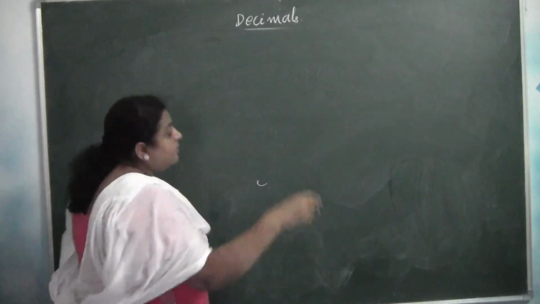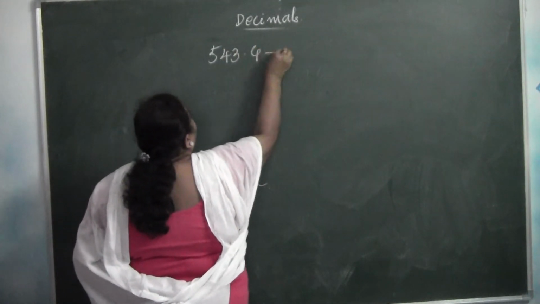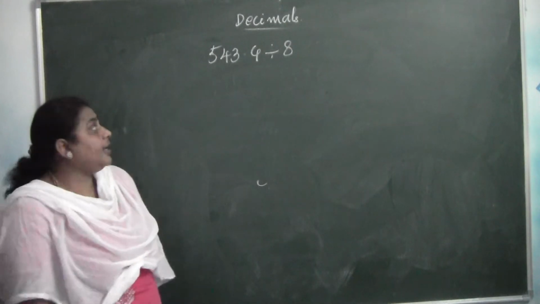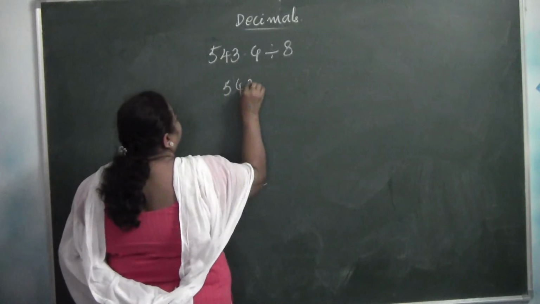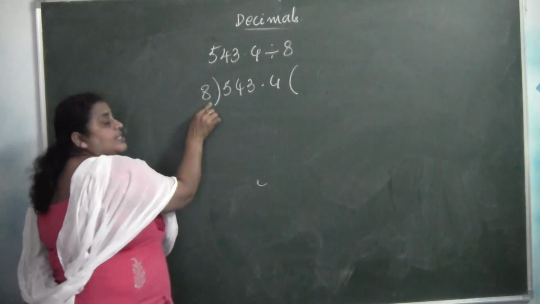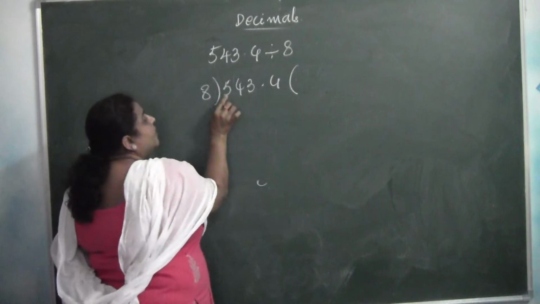So we have 543.4 divided with the 8. Come on, start. So 5 is less than 8. Therefore, we are taking first two digits 54. Now 54.